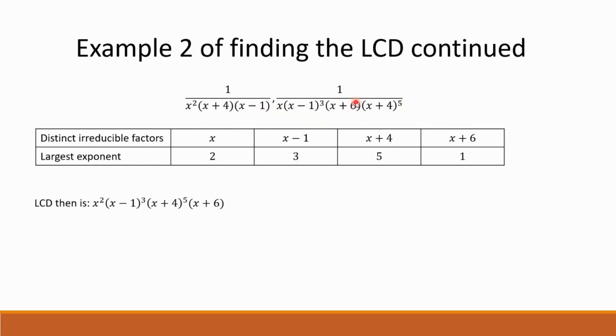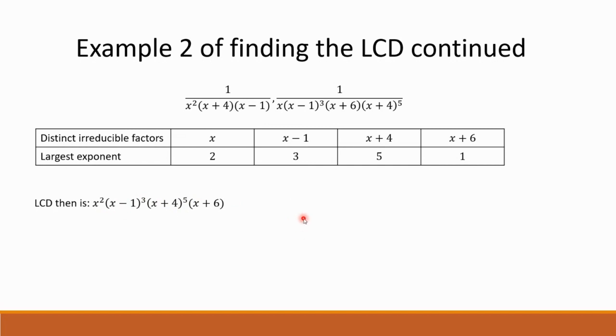And x plus 6, the only exponent is 1, so we use that. So the LCD of these two rational expressions would be x squared times x minus 1 cubed times x plus 4 to the fifth times x plus 6 to the first. And again, to the first, we don't write 1.